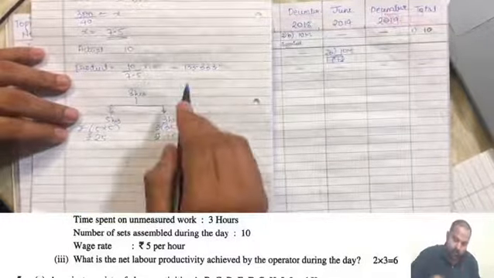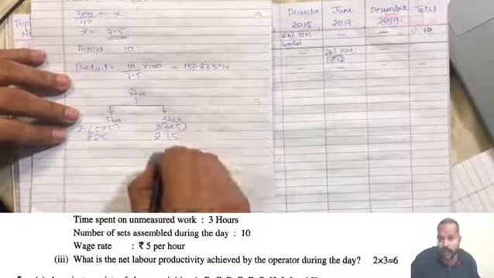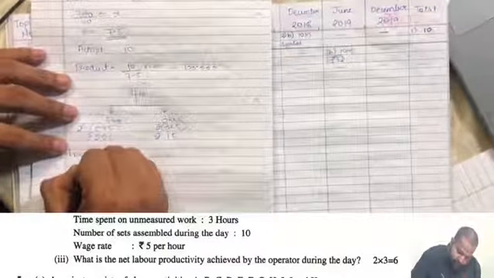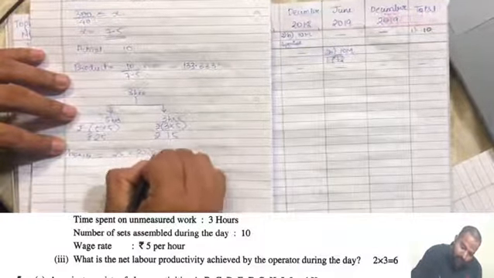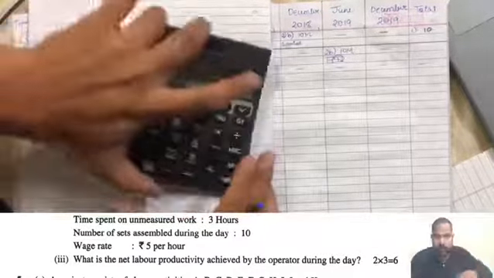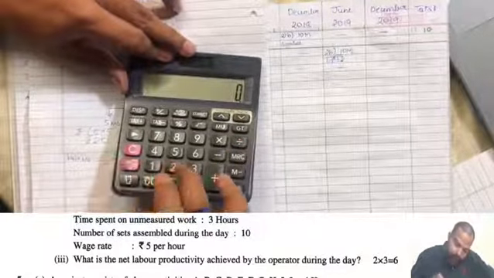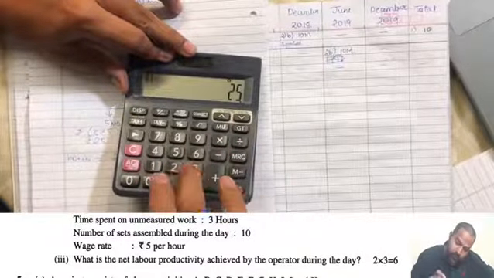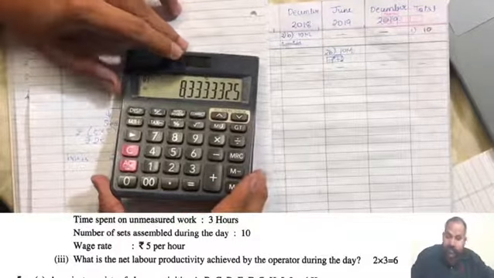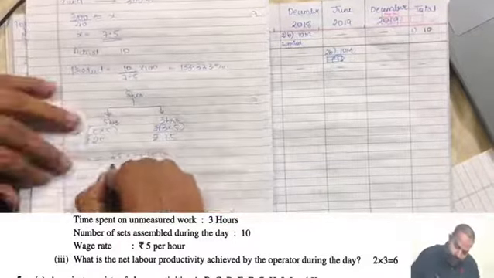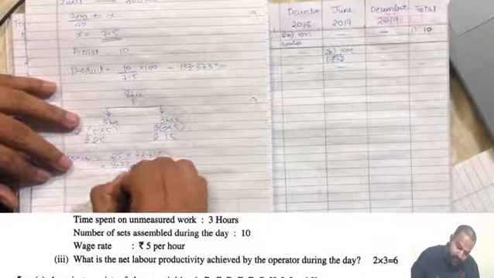But because you are doing better than what I am expecting of you, I am giving you a bonus. How much? A 33.33% bonus. So bonus will be 25 into 33.333%, which is 8.3333 rupees.